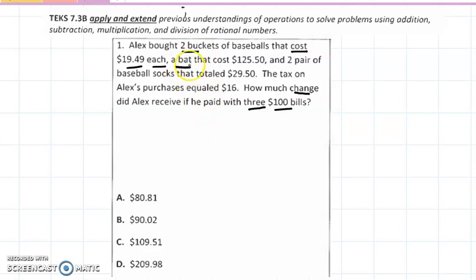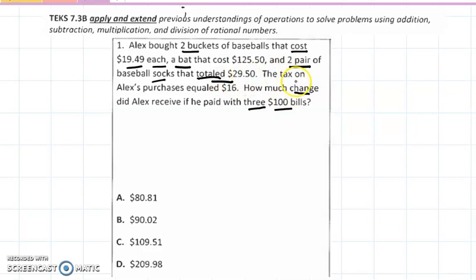A bat is 1 bat that costs $125.50. Then 2 pair of socks that total. You see the word totals there. That means they're giving you the answer for both pairs already. They're not telling you each pair costs $29.50. They're saying 2 pair of baseball socks total $29.50.